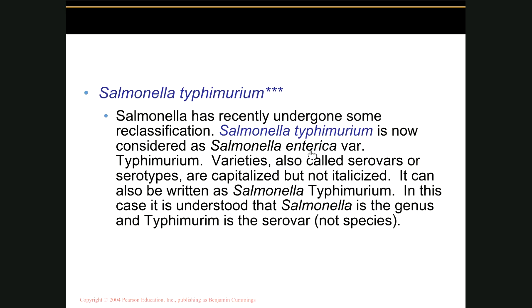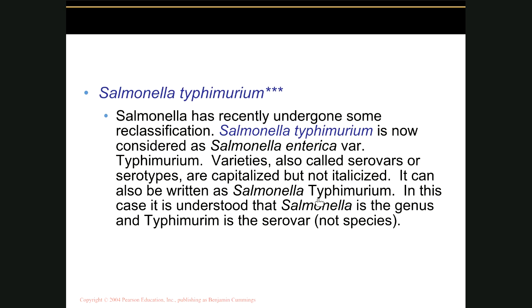And so this actually makes writing the name a little confusing, because you'll still see all these old names. They're still commonly used, right? Because it's hard to stop using a name that you've been using for decades. But when you write this now, this is what you write. And when I first saw Salmonella typhimurium written that way, my reaction was, what is wrong with these people?